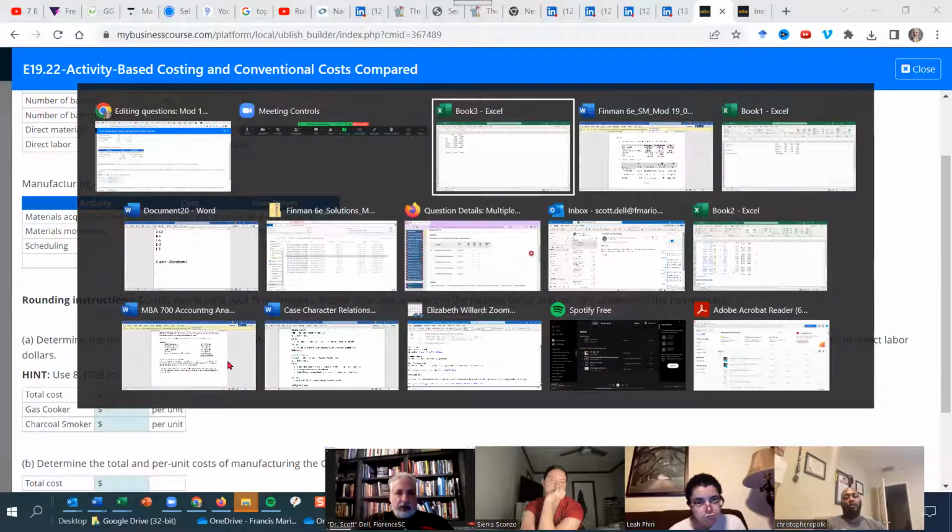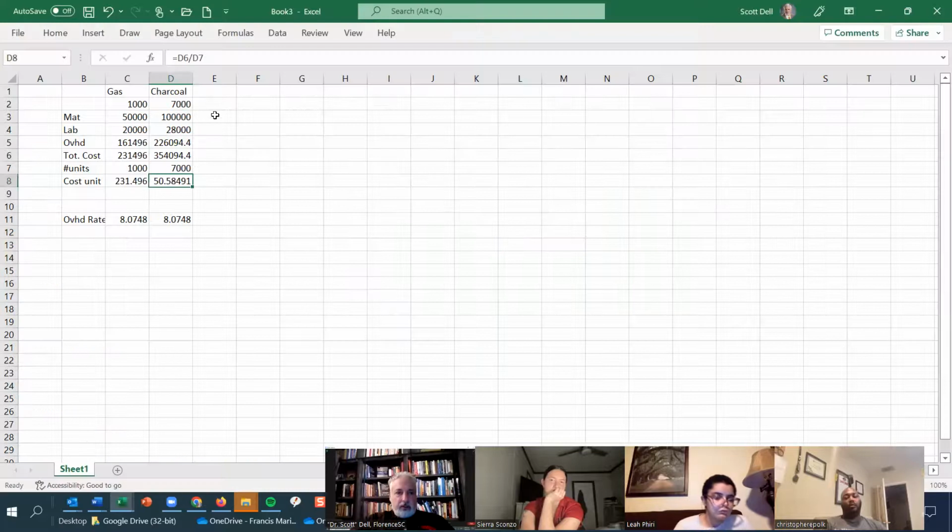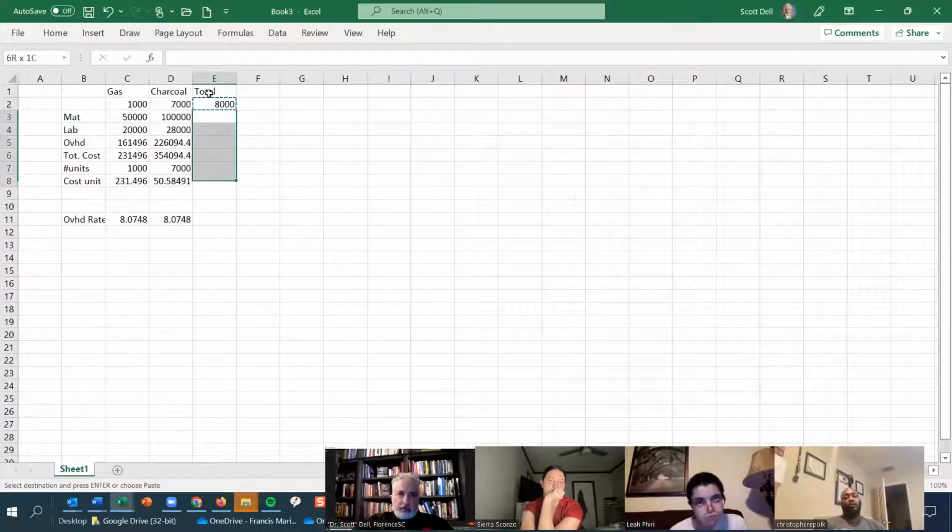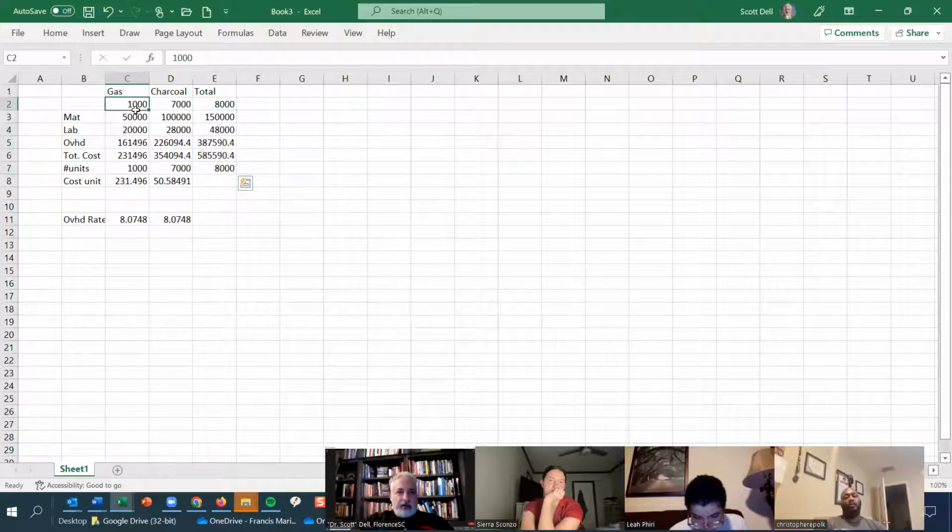Total cost, I have to do one more thing on my spreadsheet and make a totals column here. Equals that. So if I format this all, I may as well put it in decimal format.